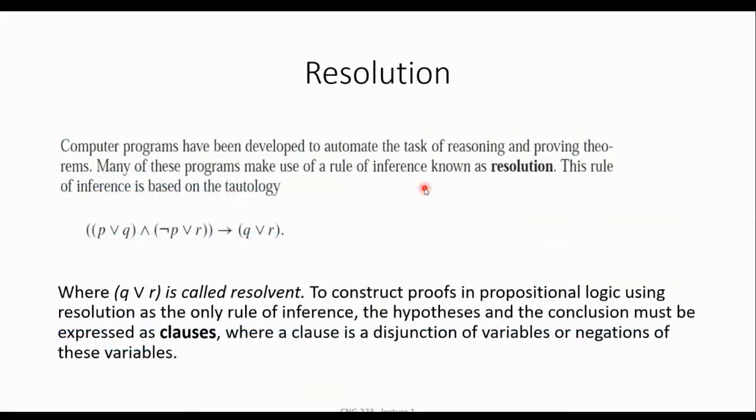There is one application of that in computer science. They use it a lot in programming, which is called resolution. Take a look at this one. We have a conjunction between these two propositions. Both of them are disjunctions.